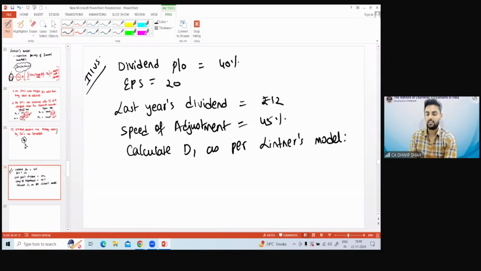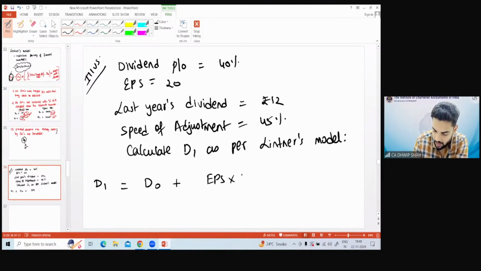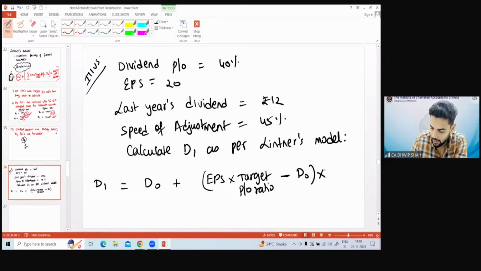So let's calculate expected dividend or the likely dividend as per Lintner's model. The first step is you just write down the formula. It is nothing but D0 plus EPS into target payout ratio of dividend less D0, the whole multiply by adjustment factor.